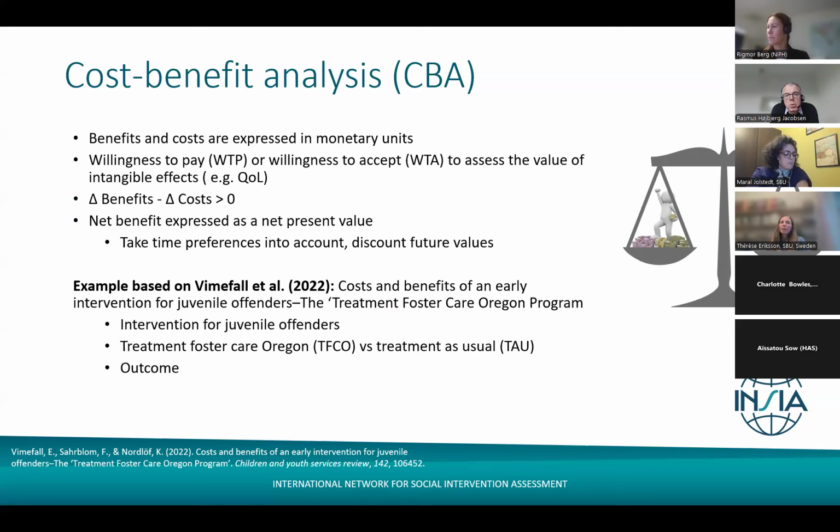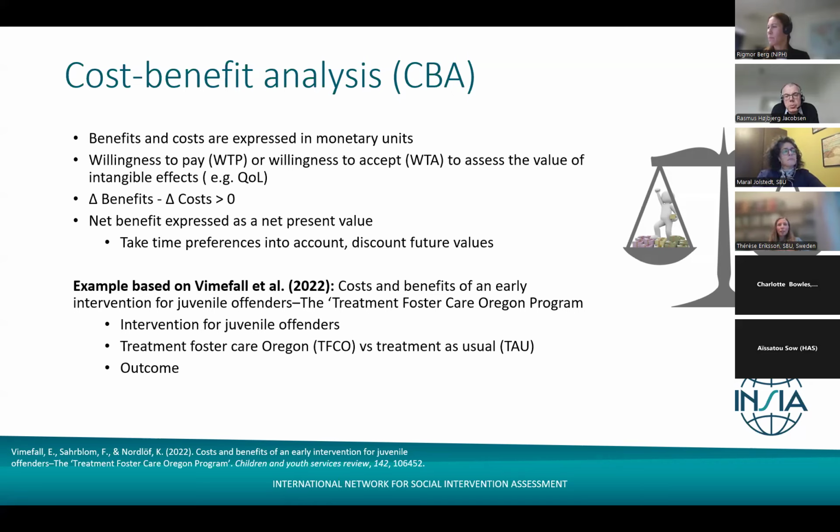And the result is quite appealing because it generates a decision rule: if the benefits outweigh the costs, it's considered cost effective and something that we should invest in.